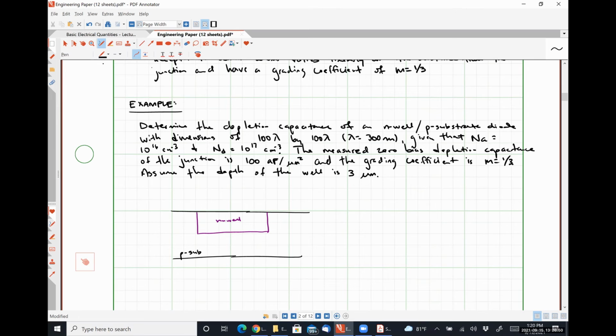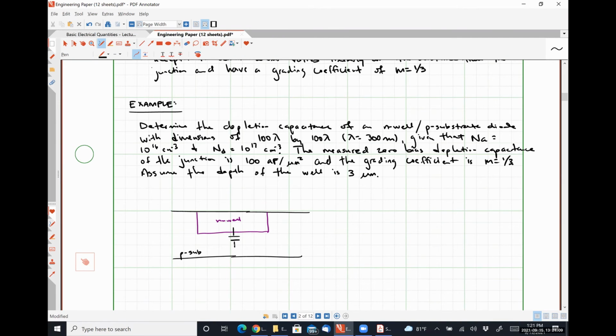It's very easy to see how the bottom of that N well region forms a capacitor with a substrate, right? Because it's all a PN junction.